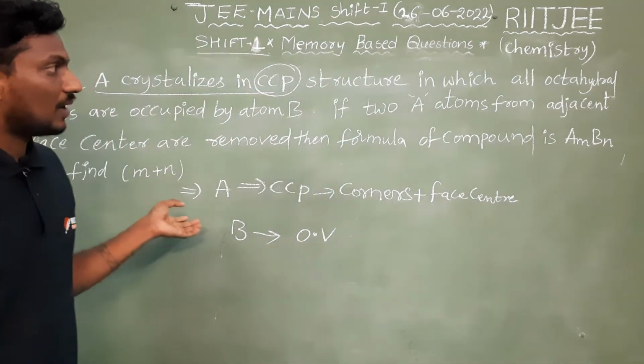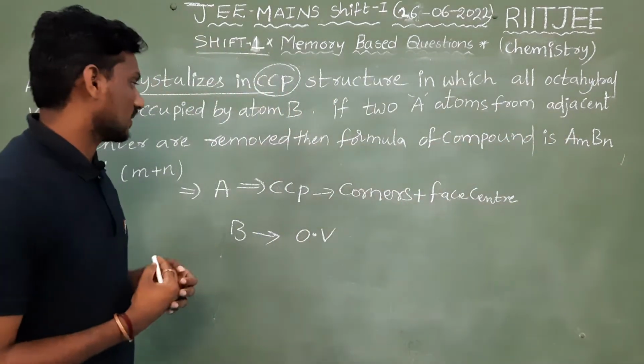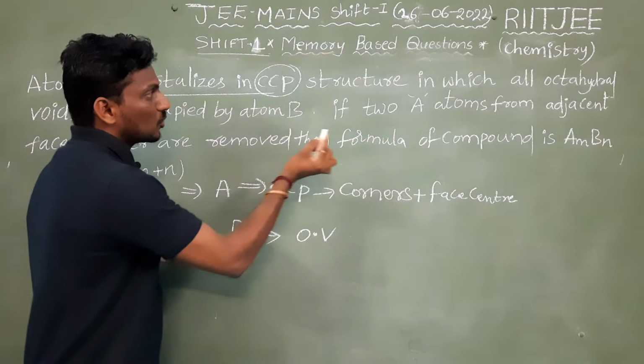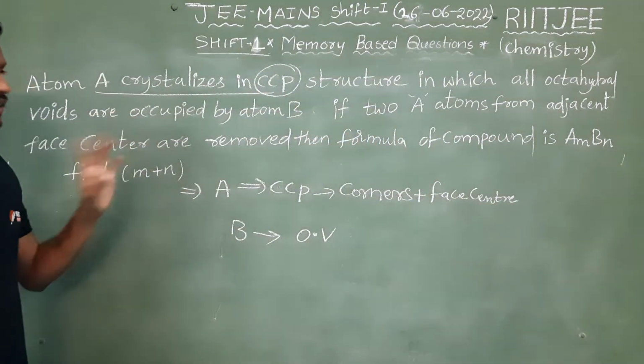Now he is asking the formula AM and BN, then M plus N. Simply he is mentioning one condition, two A atoms are removed from adjacent faces.